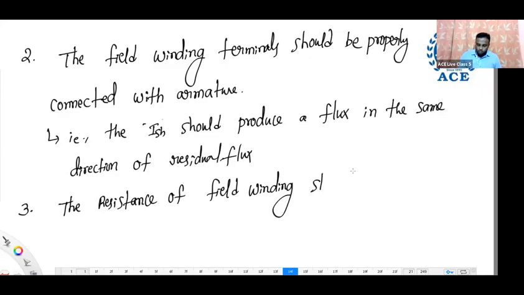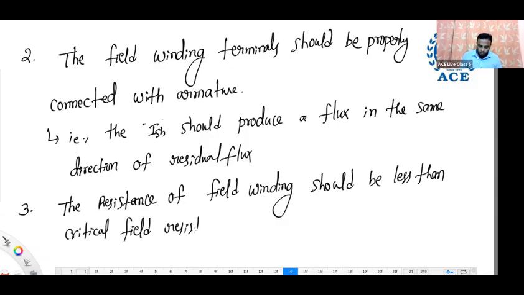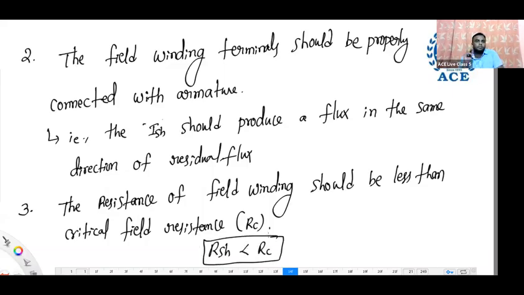Let critical field resistance be RC, and resistance of field winding be RSH. RSH should be less than critical field resistance. Then only voltage builds up.